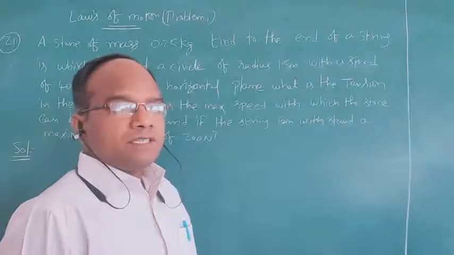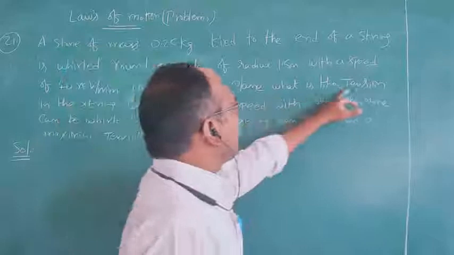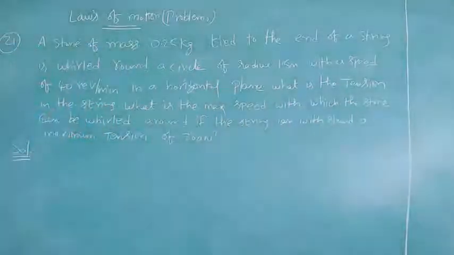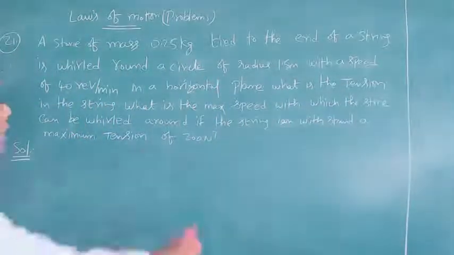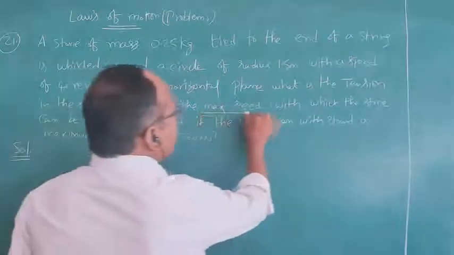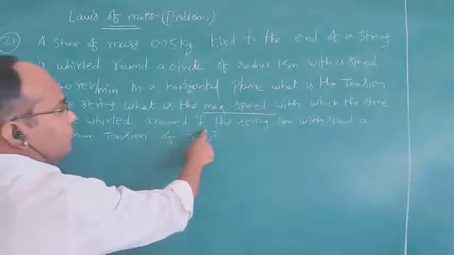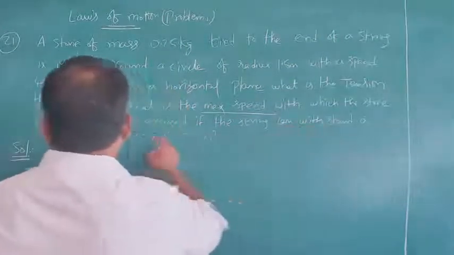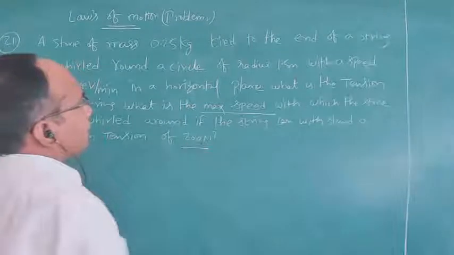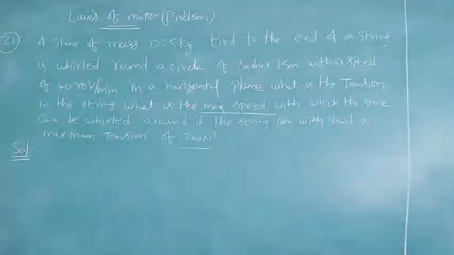What is the tension in the string? What is the maximum speed with which the stone can be wound around if the string can withstand a maximum tension of 200 newtons? Okay, this is the question.